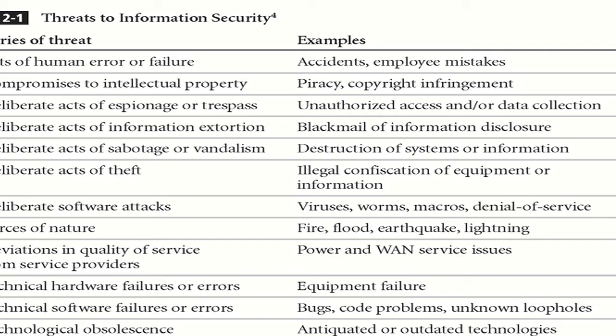Windows XP has known vulnerabilities. So if an organization uses that operating system, we say that organization is using outdated technologies, and that can be a threat to our cyber security.